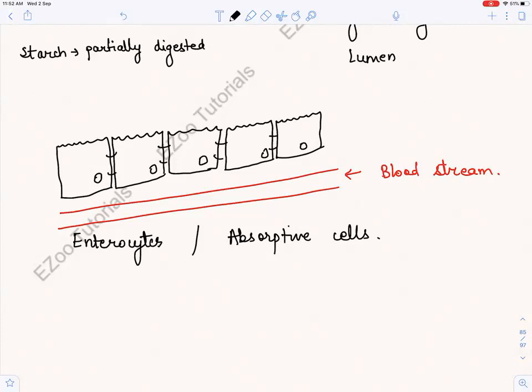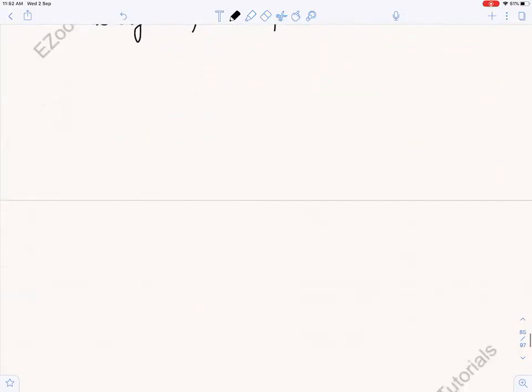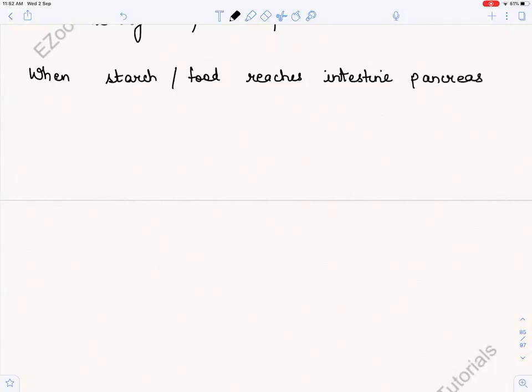Let me tell you one more thing. We are talking about starch, but we can say food here. When the food reaches the intestine, the pancreas, which we have done, will release alpha amylase, like the salivary glands.